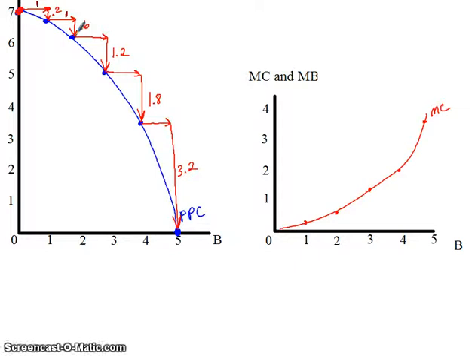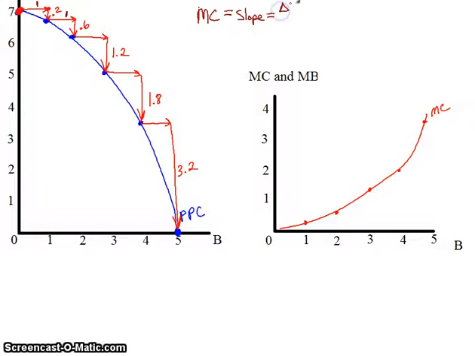And I just want to highlight that this idea of marginal cost is really the idea of slope. And why is that? This marginal cost idea is really the slope of the production possibilities curve. Why? Well, what is slope? Slope is the rise over the run.